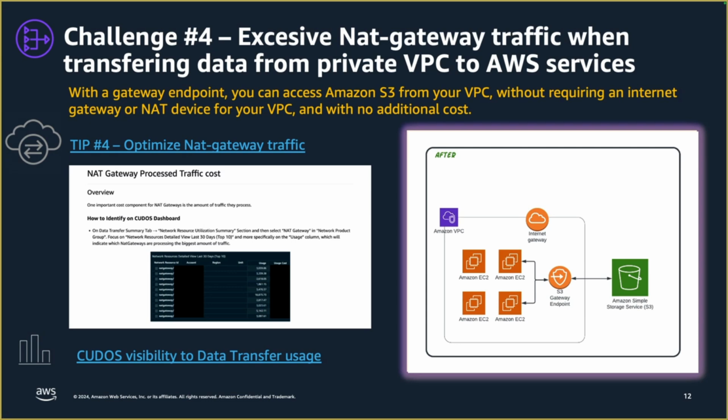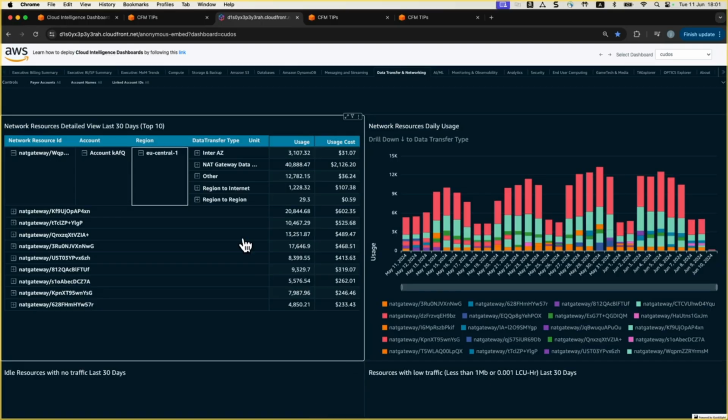We have a guide that explains how you can identify NAT gateway traffic cost, how you can see that you are sending traffic to AWS services, and also how you can see it in CUDOS. So I'm going back to the same visual that we saw before. If we take a look at this specific component, this is the NAT gateway data processed. And we can see that we have here about 40 terabytes.